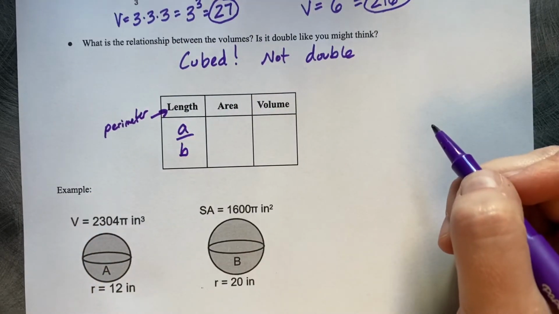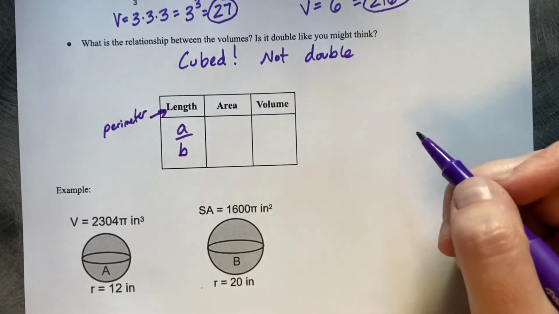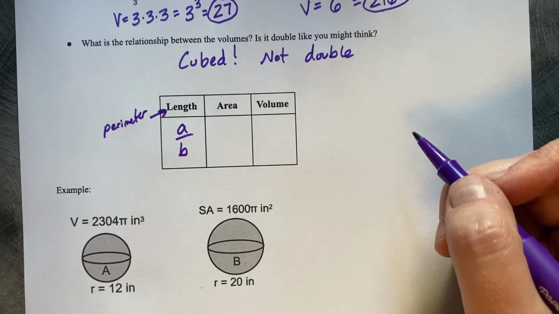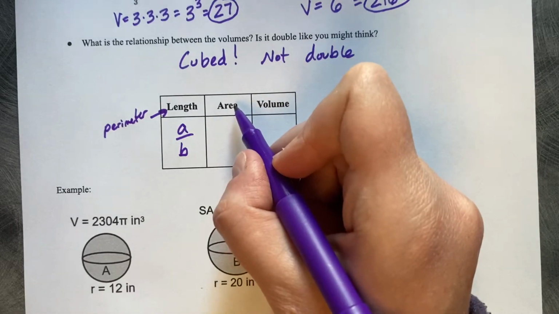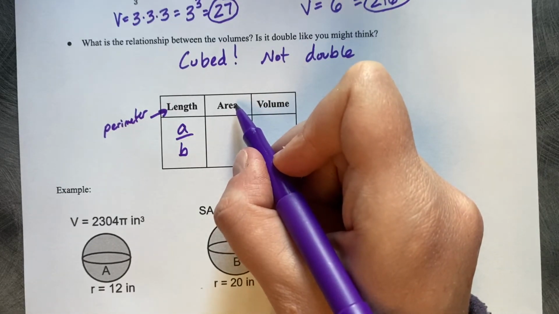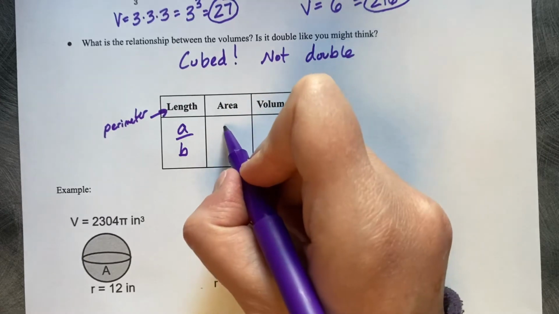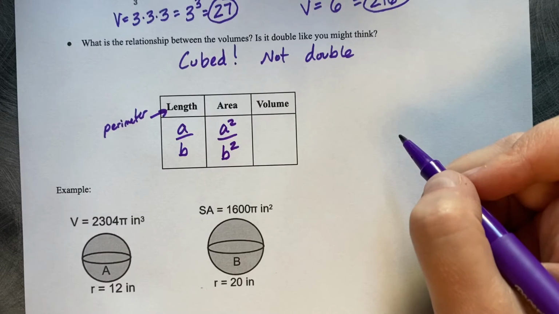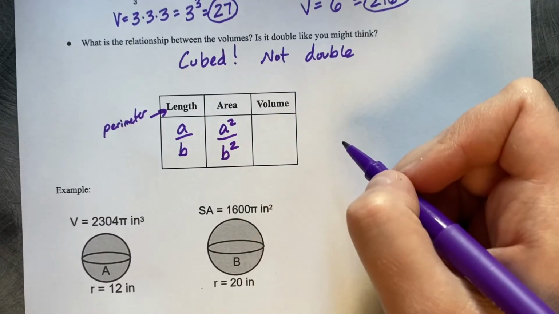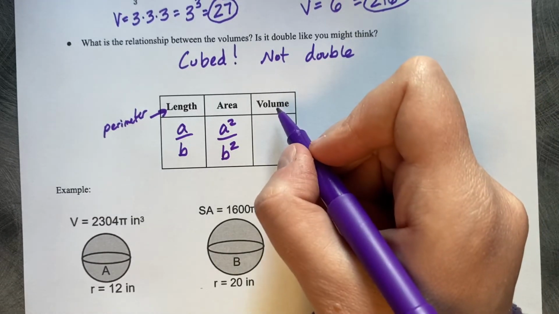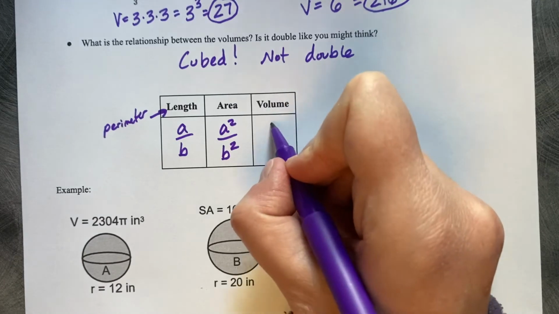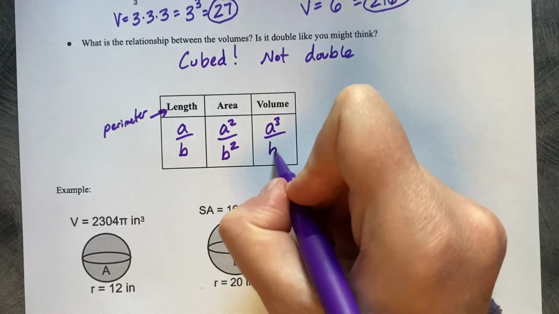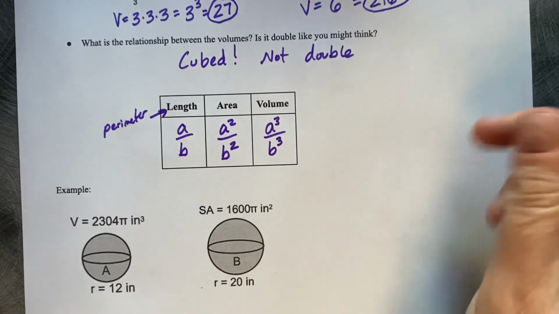Anytime you're working with the perimeter or length, it's just comparing them to each other, A to B. When you want to scale up and compare the two-dimensional shapes of similar solids, it's going to be an A squared to B squared relationship. And finally, the one that we just saw, if you want to compare the volume of similar solids, it's going to be A cubed compared to B cubed.